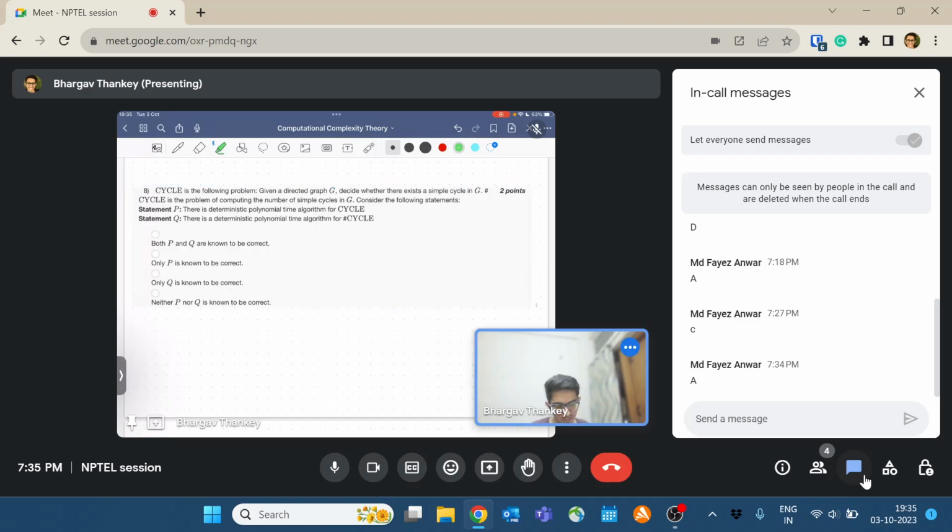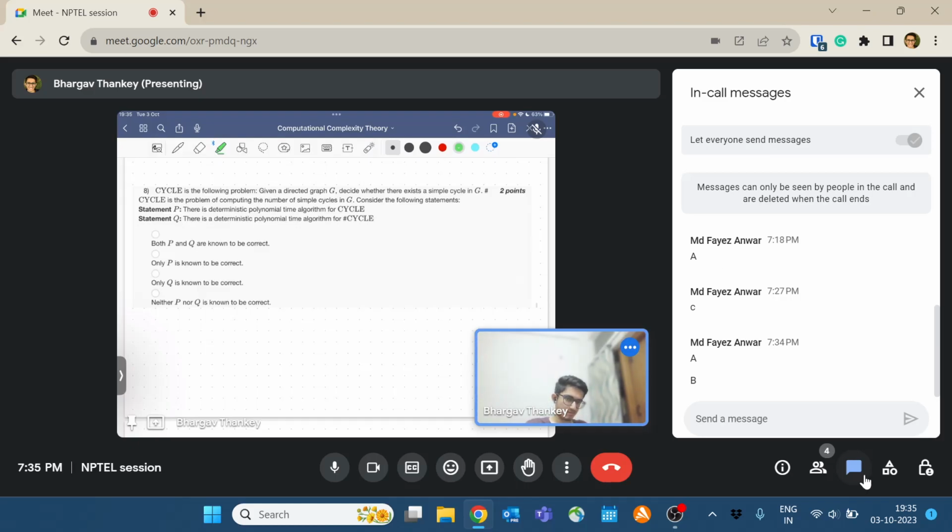Statement Q: there is a deterministic polynomial time algorithm for #Cycle. Which of these are correct? Both P and Q, only P, only Q, and neither P nor Q. So which of these options is correct? Yeah, it's B.